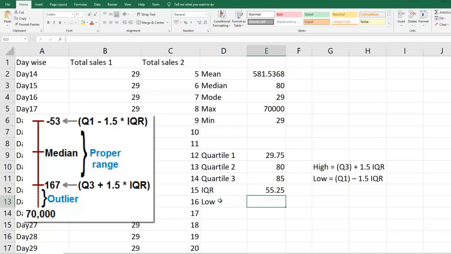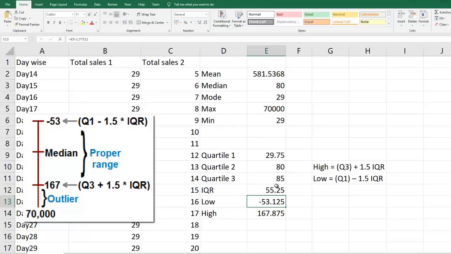The low range is quartile 1 minus 1.5 times the interquartile range, right? And the high range is quartile 3 plus 1.5 times the interquartile range. So now the maximum value of the data set should be 167 and the minimum value of the data set should be minus 53.